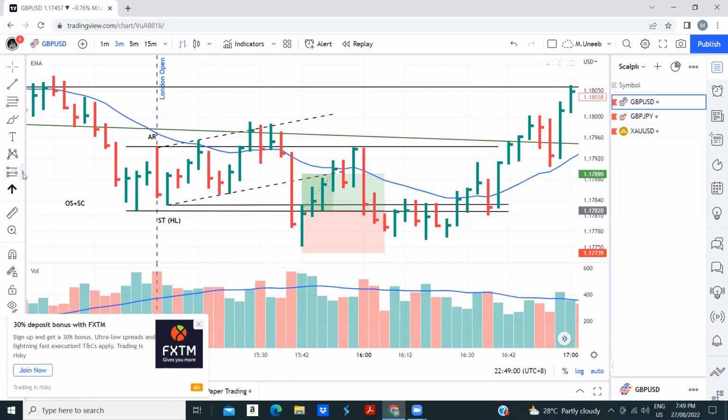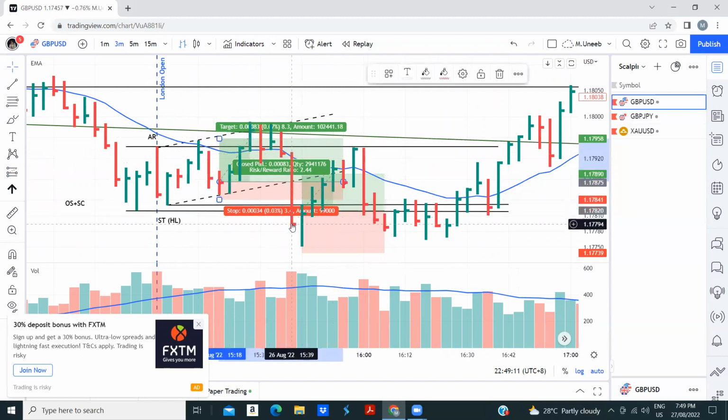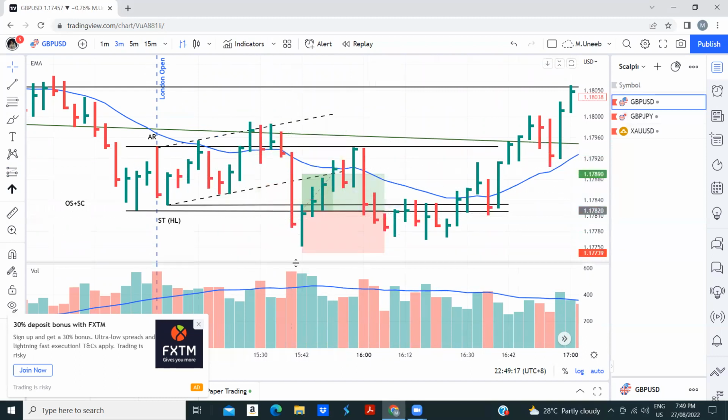And if I enter over here, let's suppose I was in a rush. I just enter my trade over here, place my stop loss here, going for the upside, and the price hit my SL. It's okay, fine. The price hit my SL and then came back and tested. Now I find another opportunity to go up. So I can make up for the lost trade. This is where I got my loss back.